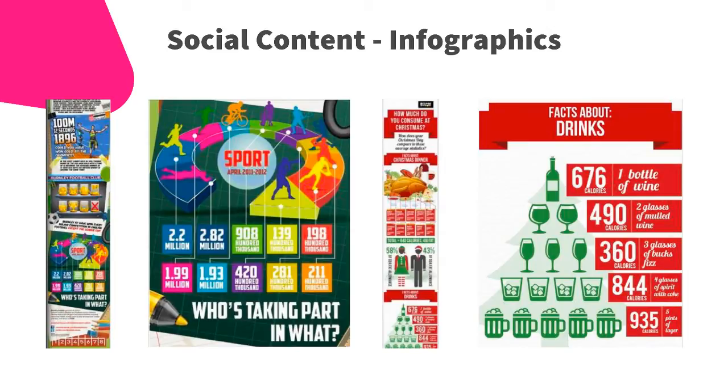If you look at both of these two large examples, you've got sport on the left hand side, and we've got figures there ranging for activity in sports in a particular year. They go from 2.2 million to 139,000, and the chunks are all equally proportional, so it doesn't match the figures that are on the screen.